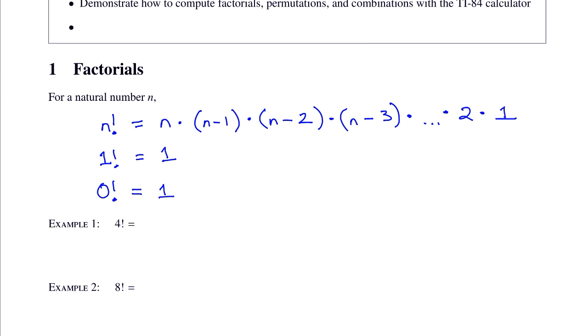Well, it would be 4 times 3 times 2 times 1, but that's 4 factorial. So that's really what the factorial means. Now, for 0 factorial, the question is, how many ways can you rearrange 0 things? And the answer is 1 way. Nothingness. There it is.